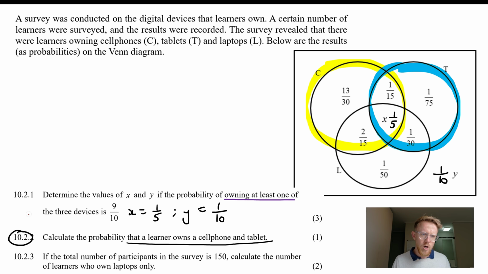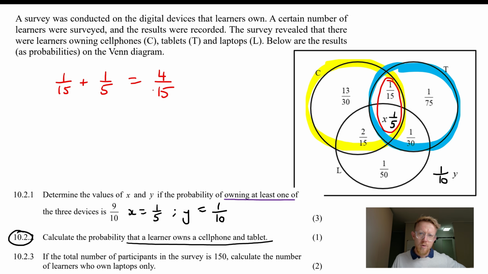So the answer is either this one, because then it's cell phone and tablet only and not a laptop, or it's the intersection over here where we're allowed to also have a laptop. So I think it's that one, but I will go look on the memo. So if you add those together, you get 4/15.